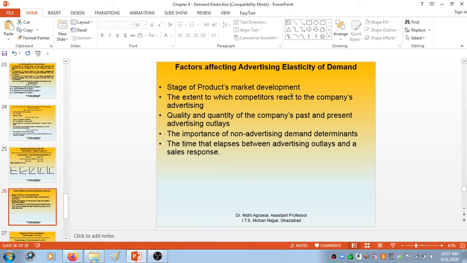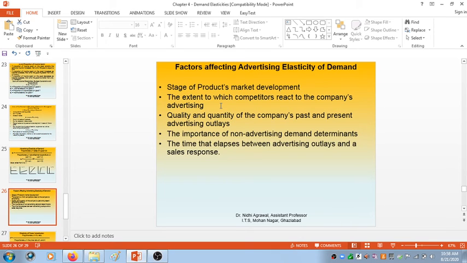Factors affecting advertising elasticity of demand: stage of the product's market development, and the extent to which competitors react to the company's advertising. Obviously, if the people are having any benefit, or if they are changing their perception and their buying behavior, then definitely you can have an advantage of this advertising elasticity.